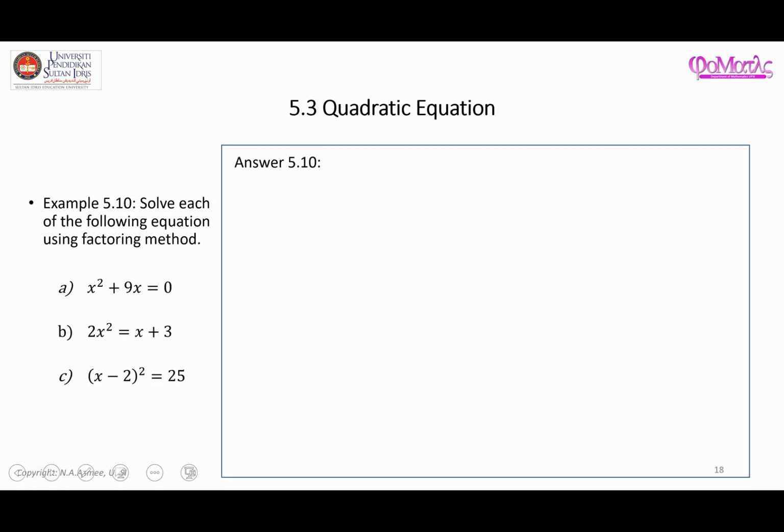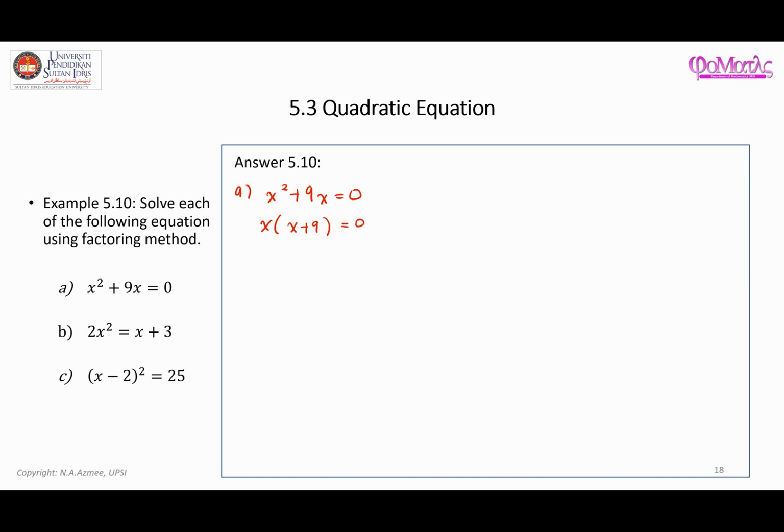Okay, let's look at example 5.10 on how we can use the factoring method to solve this quadratic equation. So for A, x squared plus 9x is equal to 0. Now you can easily factor x out, so x times (x plus 9) is equal to 0.